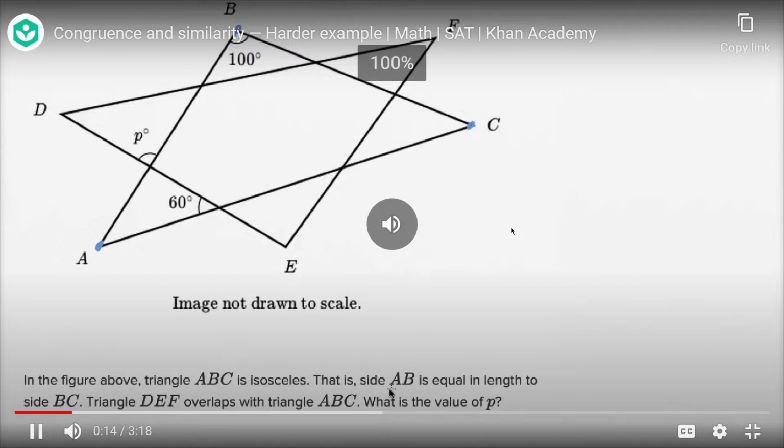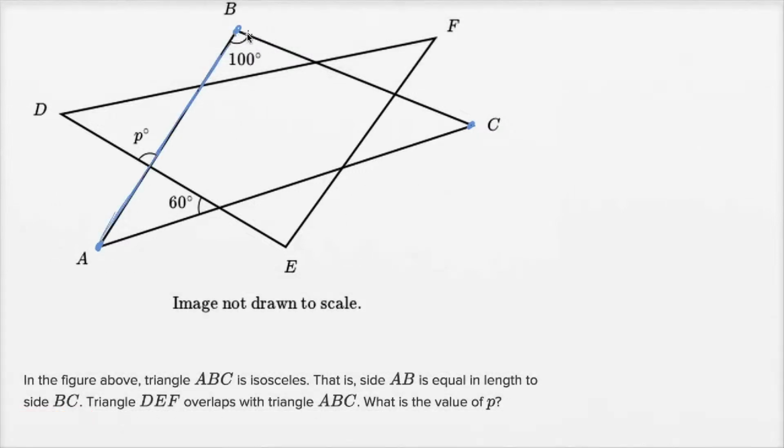Side AB is equal in length to side BC. So these two sides are equal in length. Actually, I want to be careful, because that looks like I'm saying it from that point to that point. But those two blue sides are going to be equal in length.